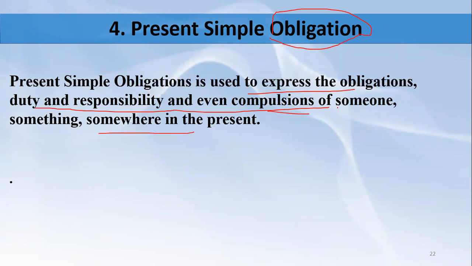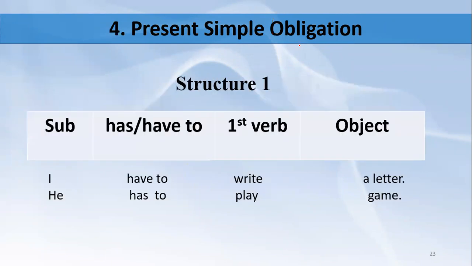Compulsions, meaning duties, responsibilities, compulsions. So we describe these things using the present simple tense. So what sort of structures are used? There are more than 15 structures used for describing obligations or duties or responsibilities in the present simple tense. Let's talk about only a few of them.